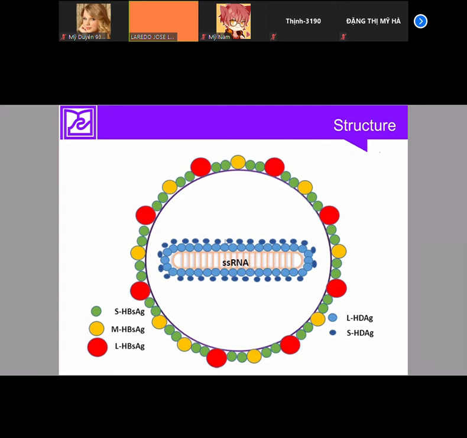So this is the virion, and these blue things that I show you here, this is not the capsid. These blue circles are proteins, and these proteins are called hepatitis D antigen. This protein, hepatitis D antigen, is the only protein contained with the nucleic acid.